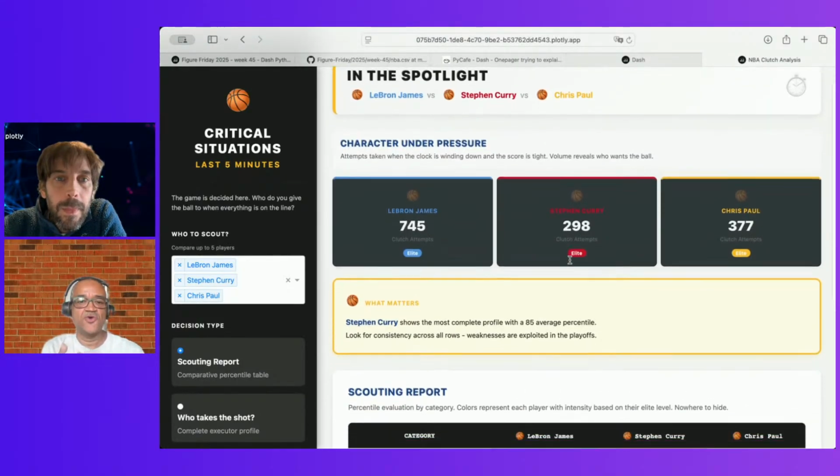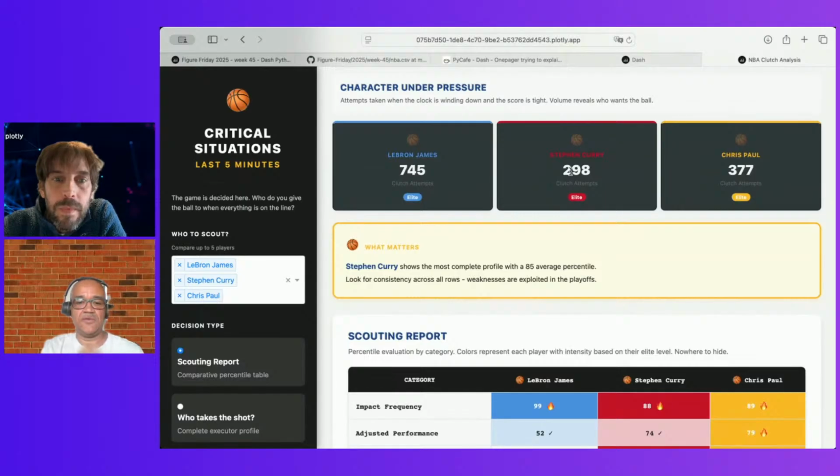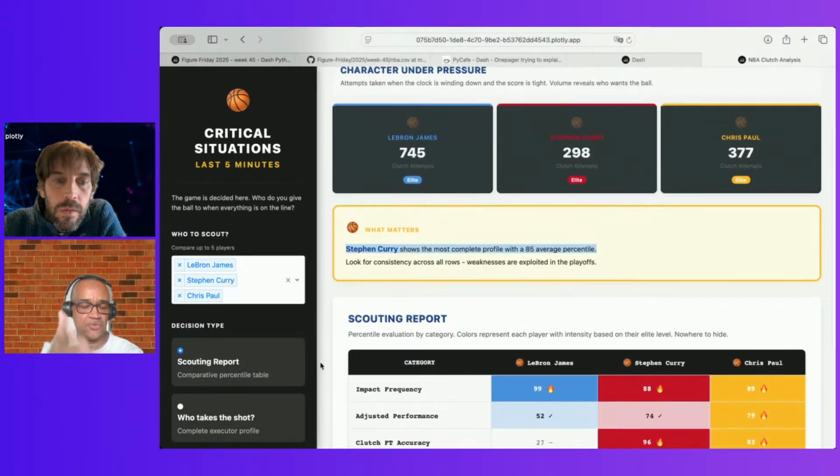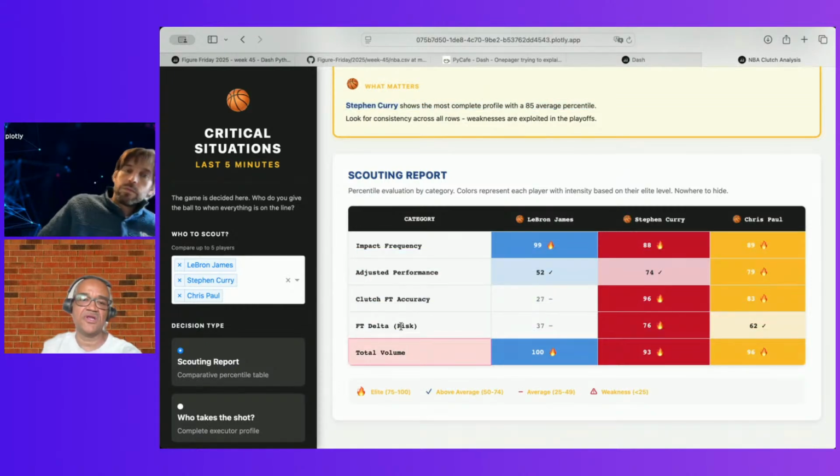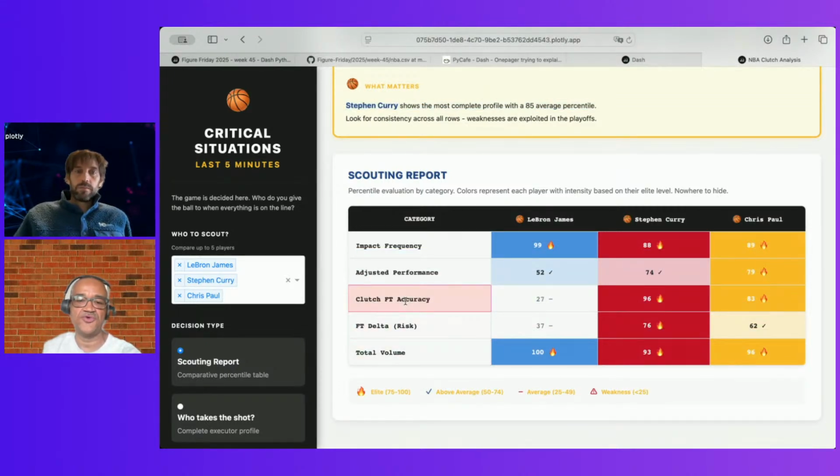In this case, we can see what matters. Overall, Stephen Curry shows a complete profile with an 85 average percentile. I selected 5 metrics from this data set: impact frequency, adjusted performance, clutch free throw accuracy, free throw delta, and total volume.